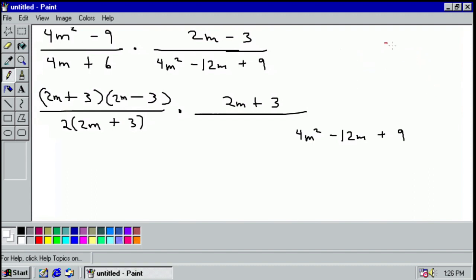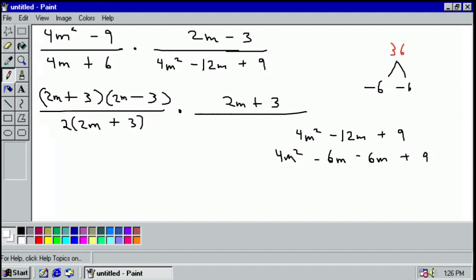So we're gonna find the factors of 36 that add to our b here, which is negative 12. That will be negative 6 and negative 6. So we're gonna replace negative 12m with negative 6m and negative 6m, plus 9.